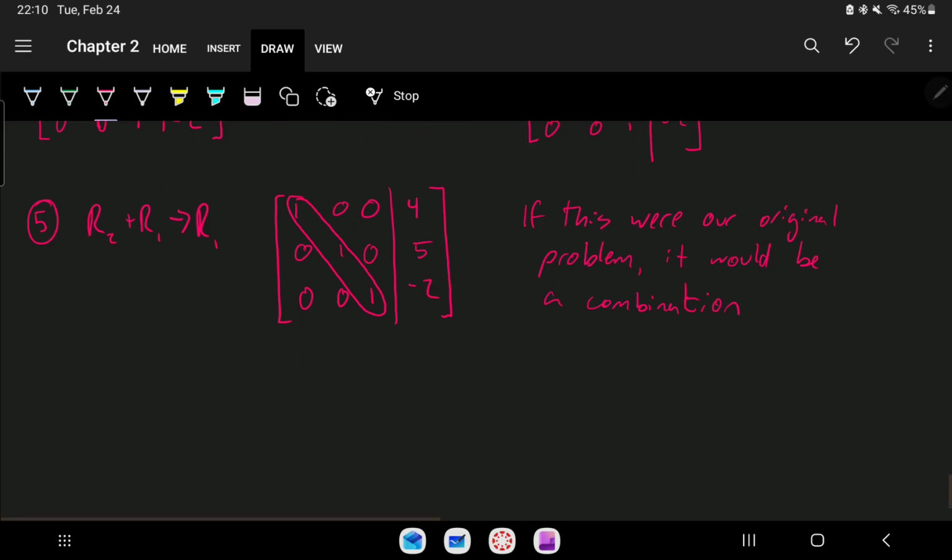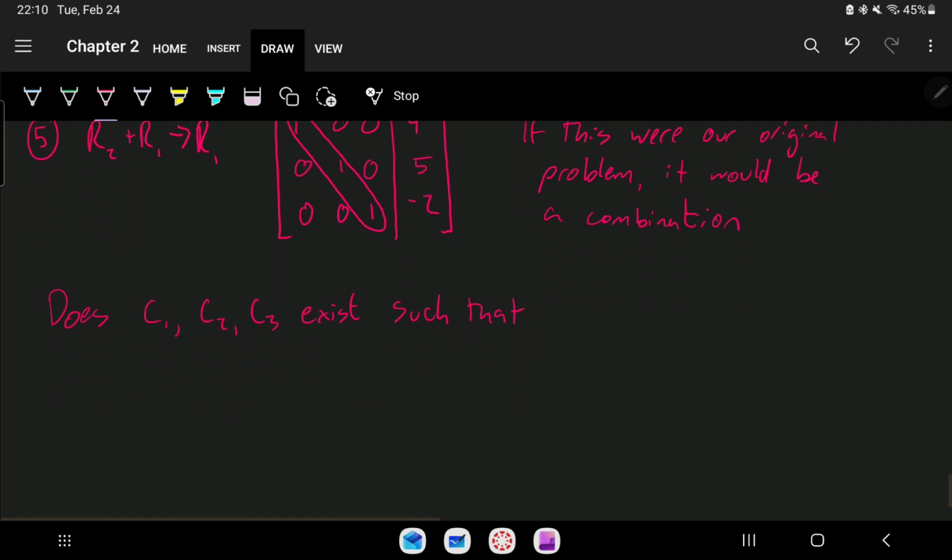And remember, basically what we're asking is if the C1, C2, and C3 exist such that C1 times V1 plus C2 times V2 plus C3 times V3 equals V.